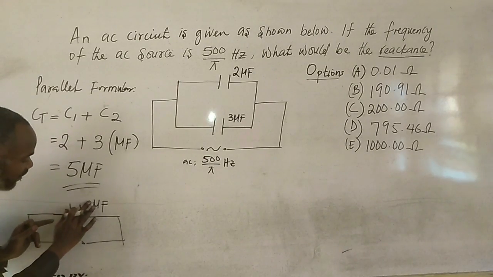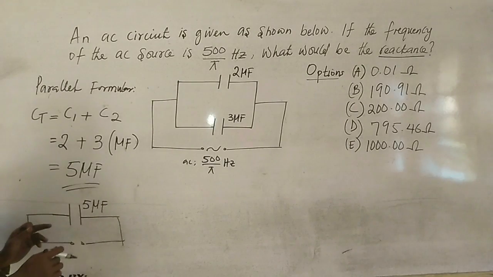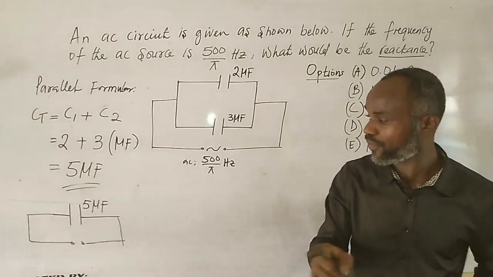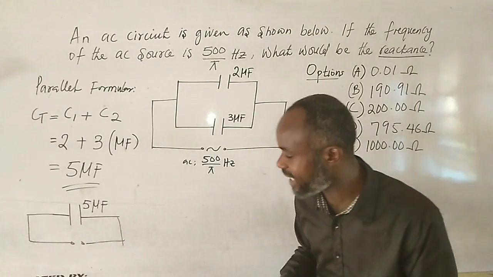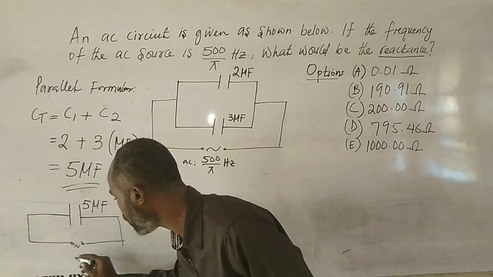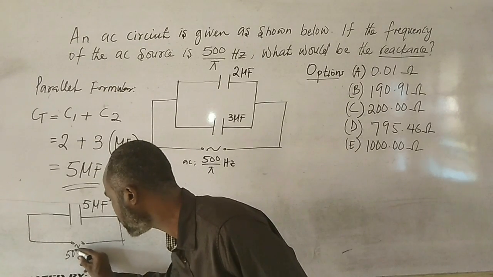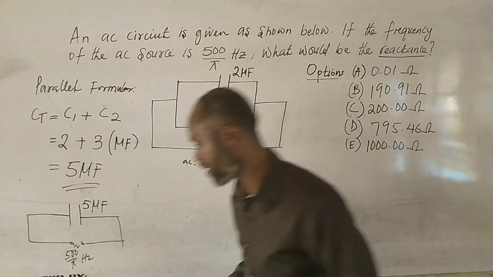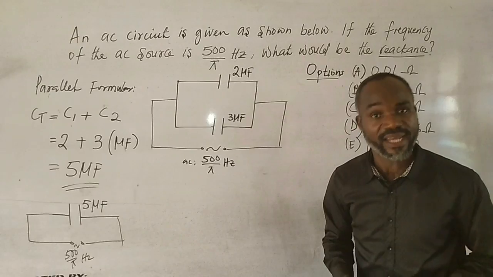Now we are talking about a capacitor of this value in an AC circuit with a source of frequency 500 over pi hertz. That's our concern here.